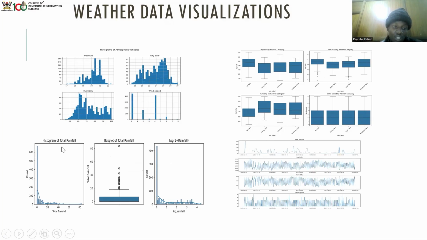When you talk about the histogram for rainfall, we had to further process this rainfall because it really mattered a lot. When we look at its distribution, there was an outlier of around 80 to 85.